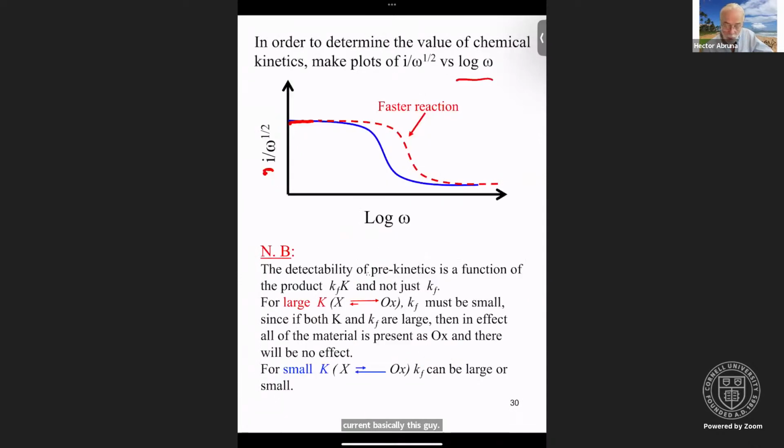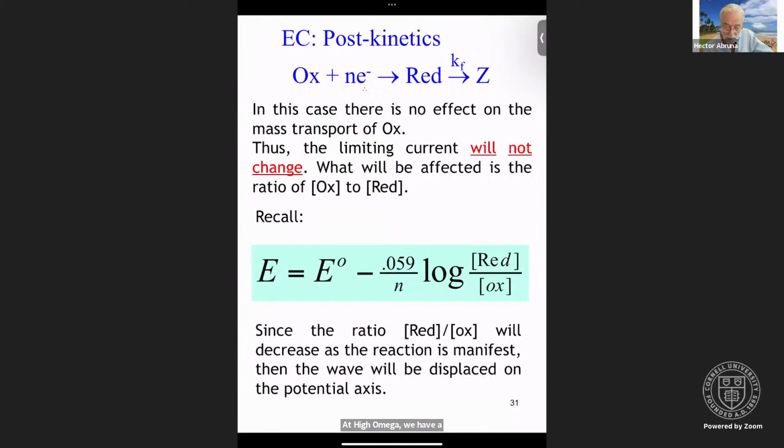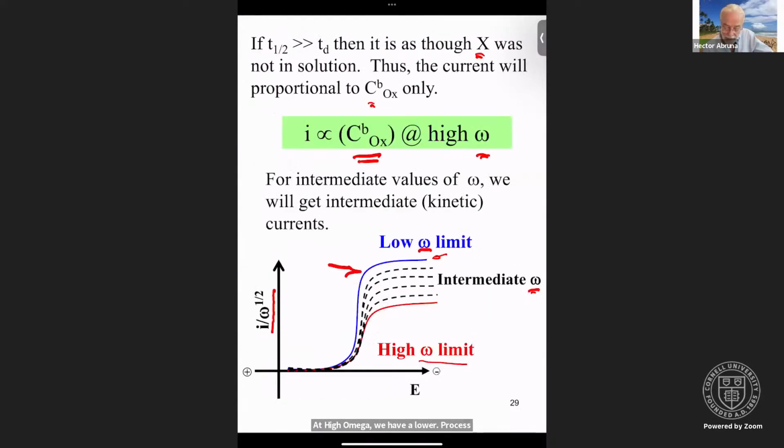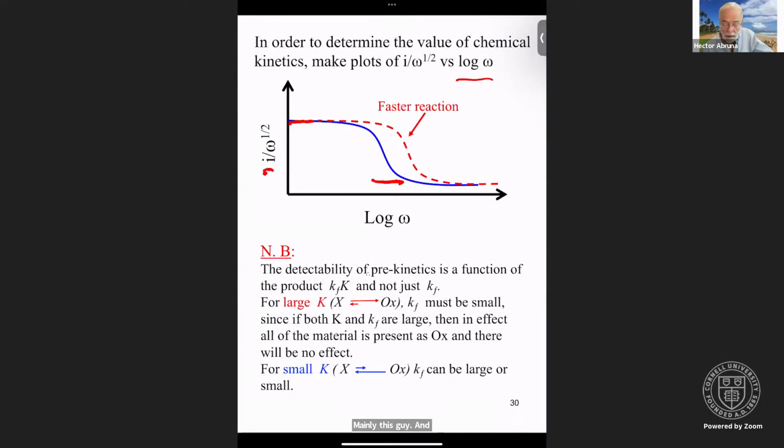At high omega, we have a lower plateau, mainly this guy. And so as we go from low to high, we see a transition from essentially a constant normalized current, this transient behavior, down into another plateau.